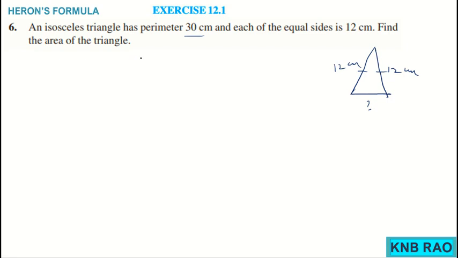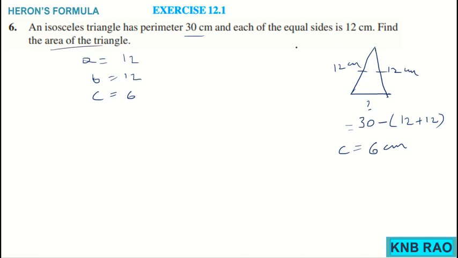Once the perimeter and two sides of a triangle are given, you can find the third side by subtracting from the perimeter the sum of the two sides. So 30 minus 12 plus 12 is 24, 30 minus 24 is 6, so 6 centimeter is the third side. I know a, b, c, that is 12, 12, 6. Now you know how to find the area of the triangle. So this again I am giving as homework for you.